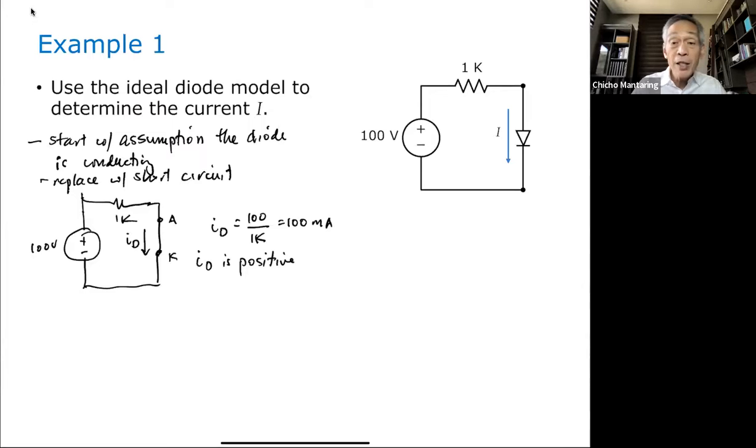Since I of D is positive, we know that we are using the correct model, right?